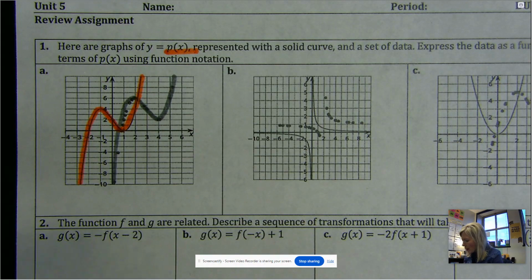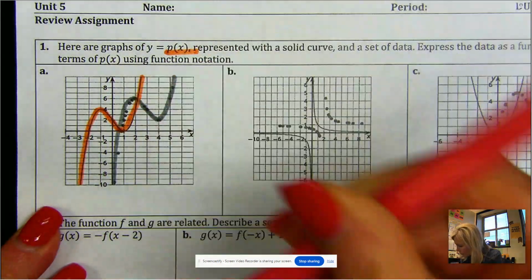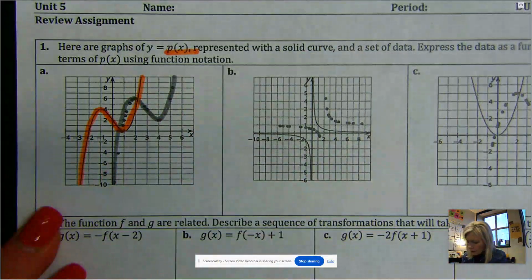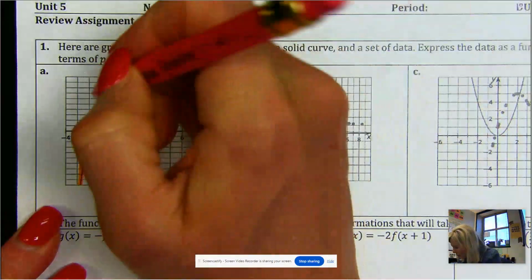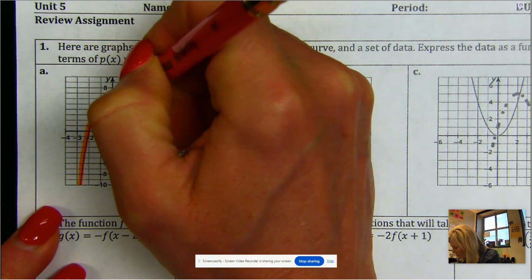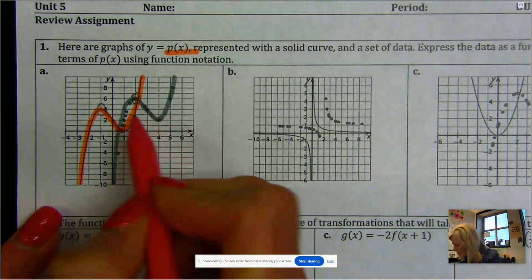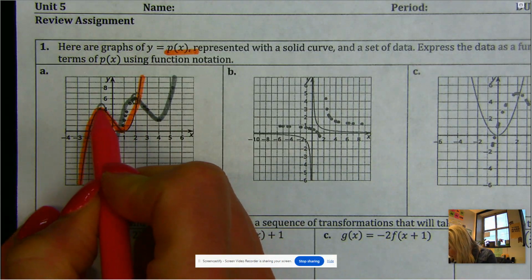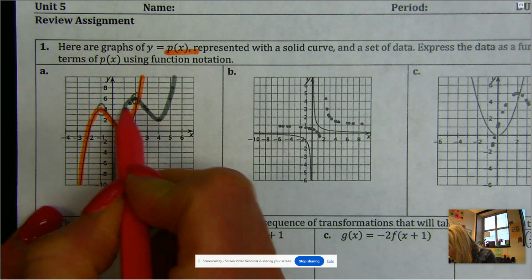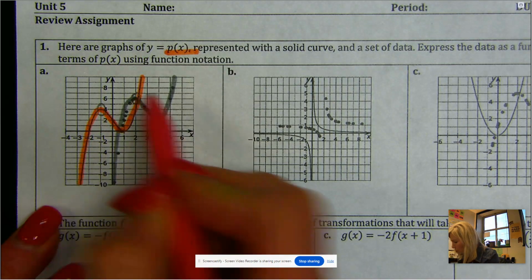So it looks like we need to translate. If I just kind of focus on this point here and then try and match it up to that one right there, then it looks like I'm going to be moving to the right by 1, 2, 3, and then up by 2.